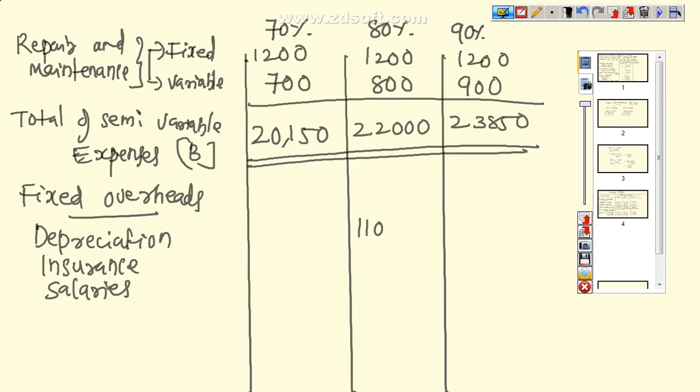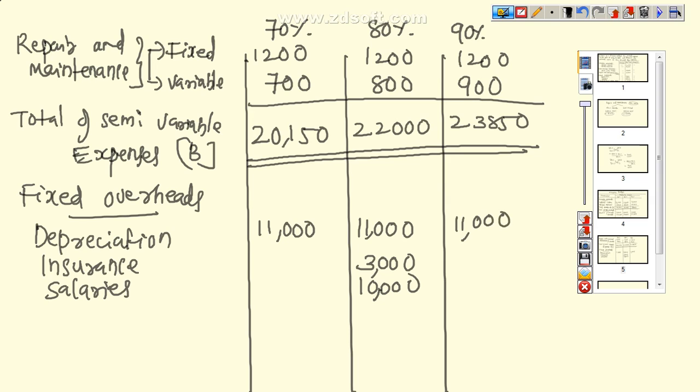11,000, 10,000, 3,000, then 10,000. So it remains constant. Here also we write 11,000, 3,000, 10,000. Here also 10,000.